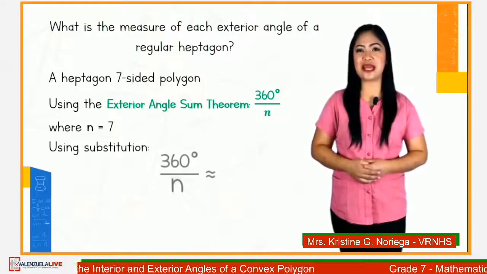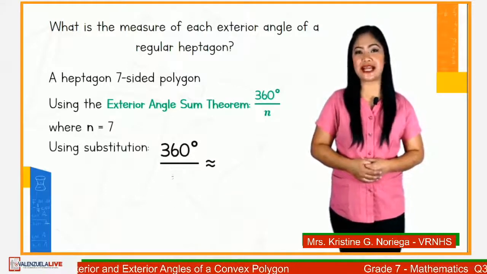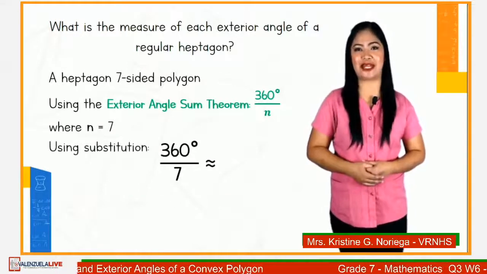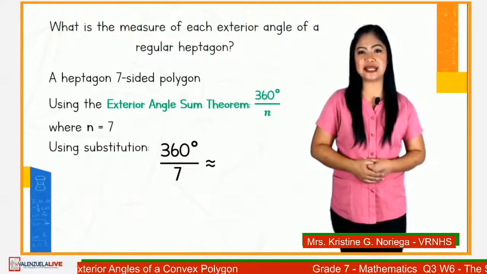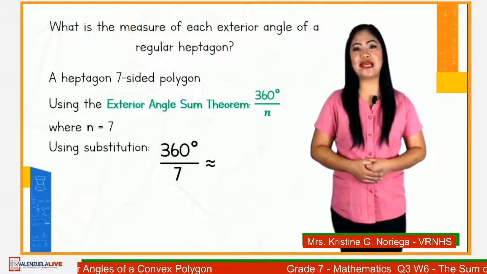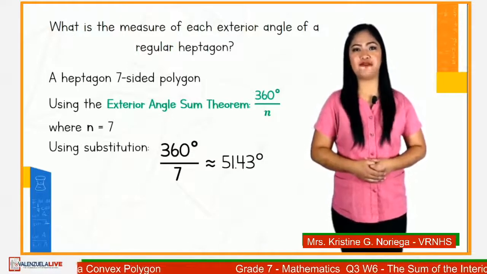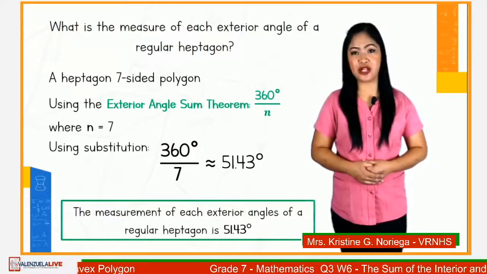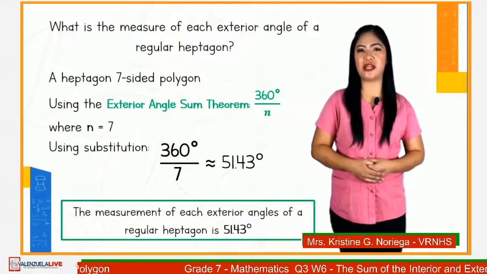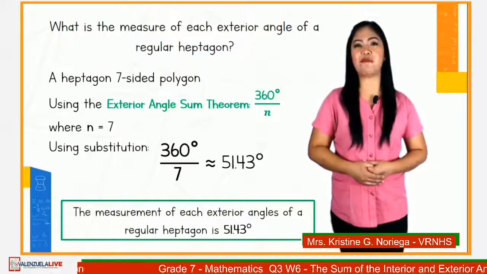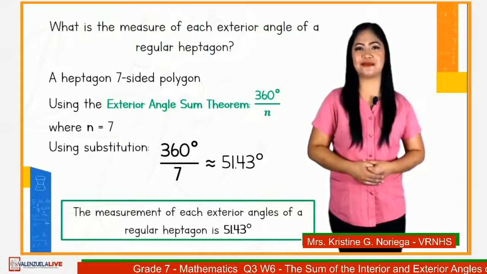So it will be 360 degrees divided by 7. And 360 divided by 7 is approximately 51.43. Therefore, each exterior angle of a regular heptagon measures 51.43 degrees.